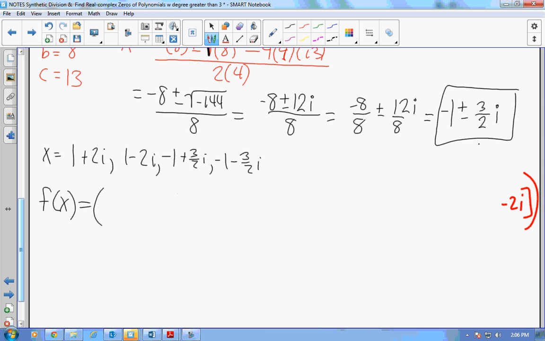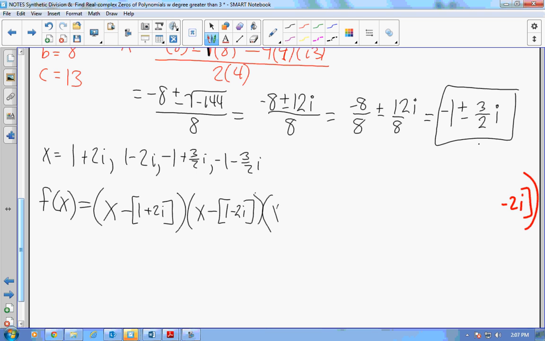This is a positive 1, so we do the opposite of that. So we go x minus the group 1 plus 2i. Then we have another positive 1. So instead of plus, we write minus the group 1 minus 2i.